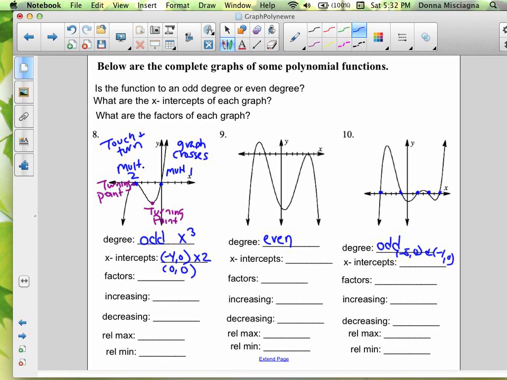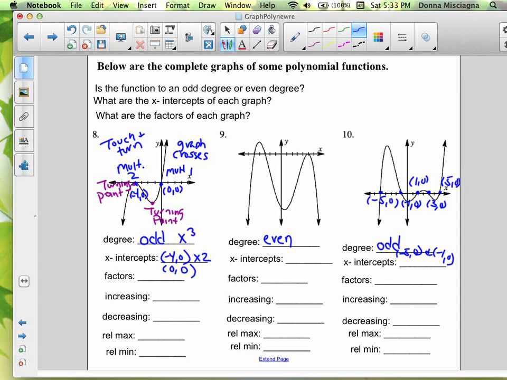Actually, I'm going to write them on the graph too. Negative 5, 0. I'll do that over here too. This one was negative, whoops, get the negative in there. Negative 4, 0, and 0, 0. Those are x-intercepts. Negative 5, 0, negative 1, 0, 1, 0, 3, 0, and 5, 0. It's hard to fit this in. And so we'll write them down here too.